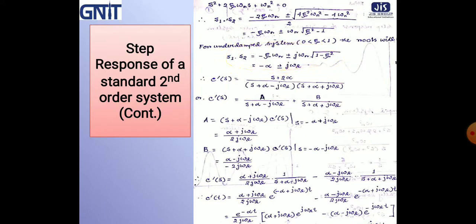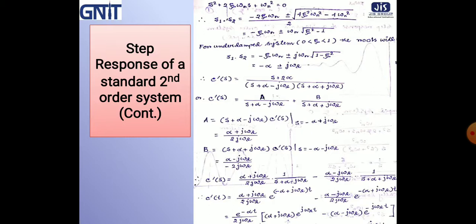We can write this equation where zeta into omega n will be our alpha and omega n root under of 1 minus zeta square will be our omega d.